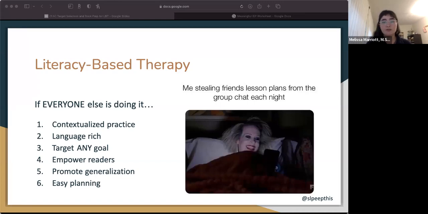Books obviously are also very language rich, and in AAC, this is particularly important because these are students who we know have fewer exposures to robust language. So they get more opportunities to hear it, even if those words or language structures aren't being explicitly and directly targeted, right?